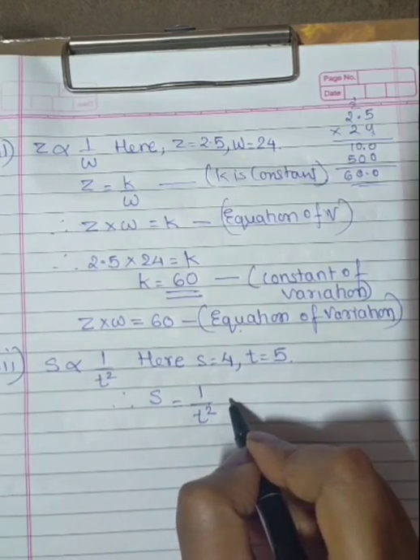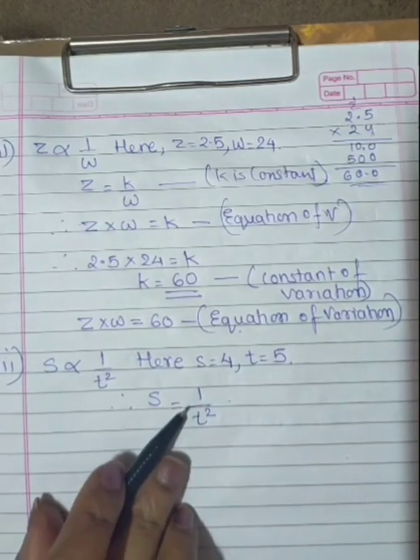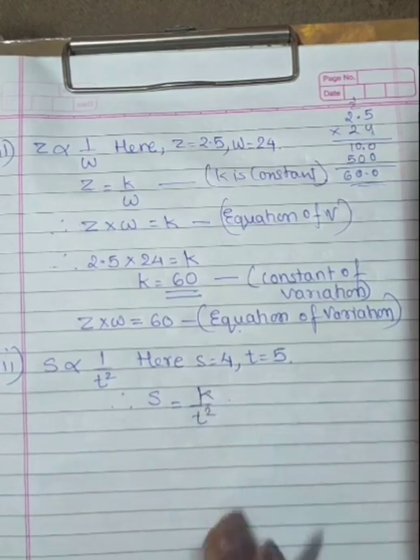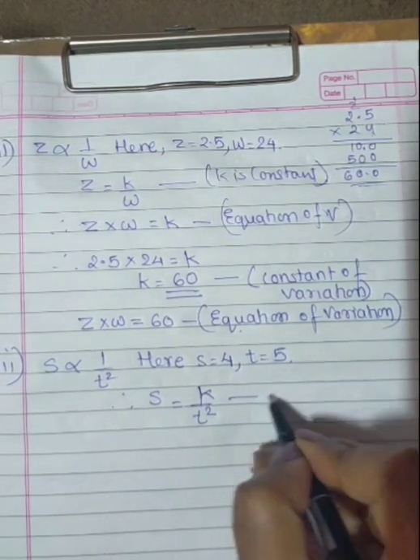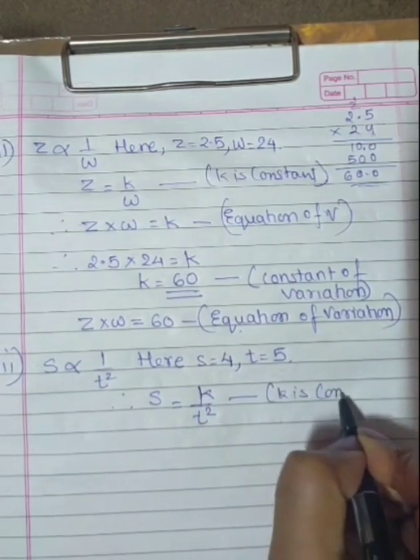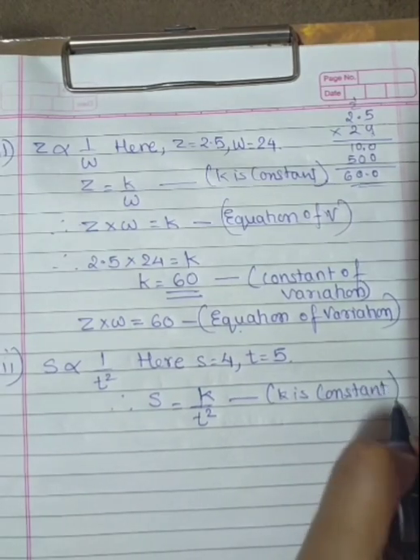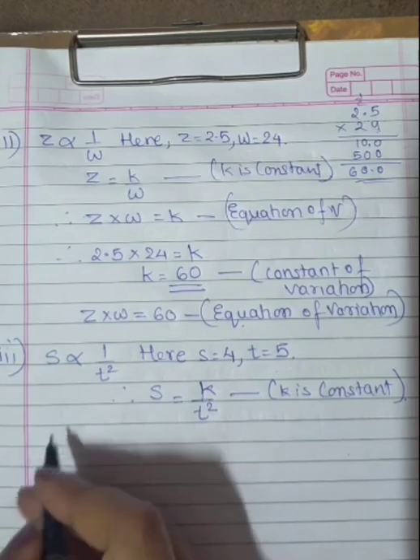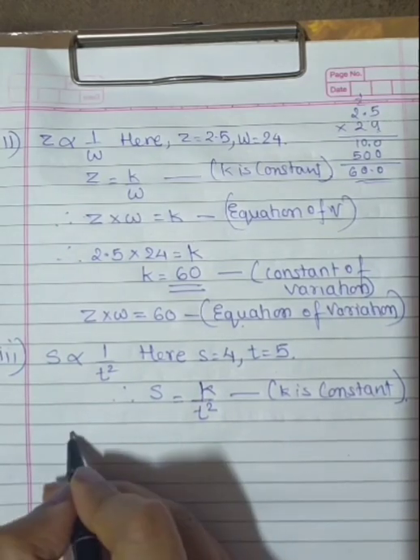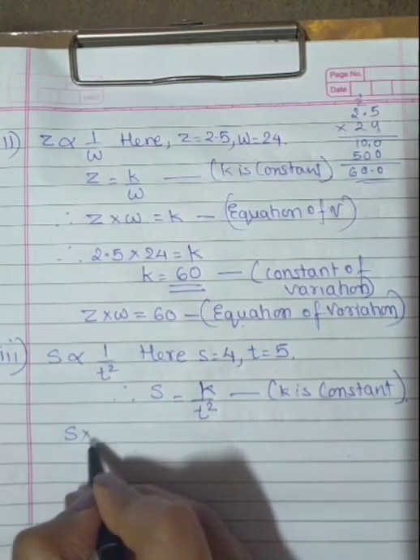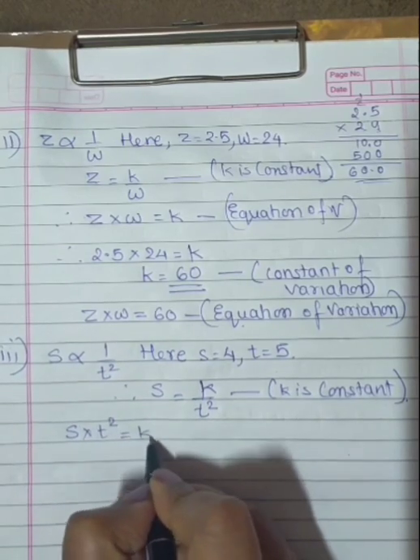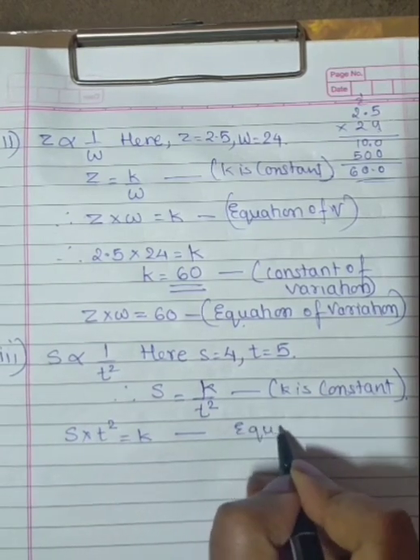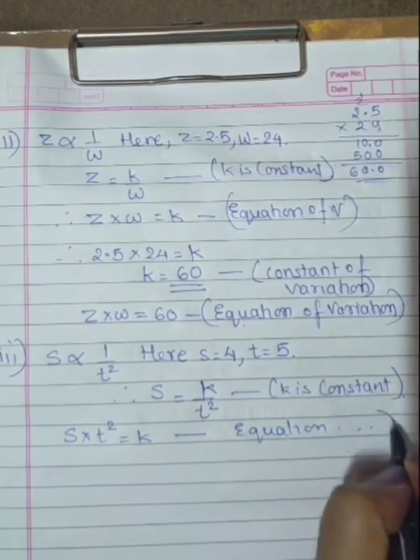So here in the place of 1 we will take K. Okay, now here K is constant. Now the equation is S into T square equal to K. It's the equation of variation.